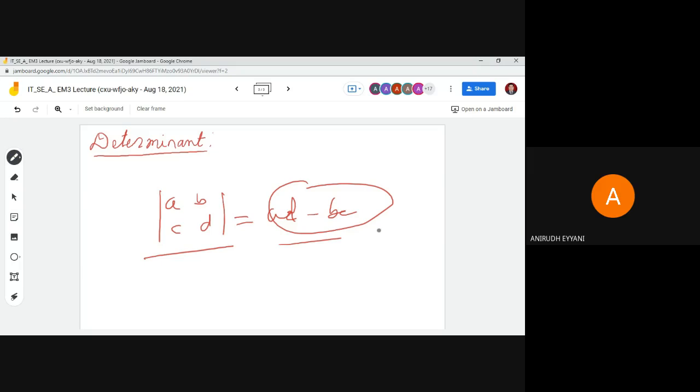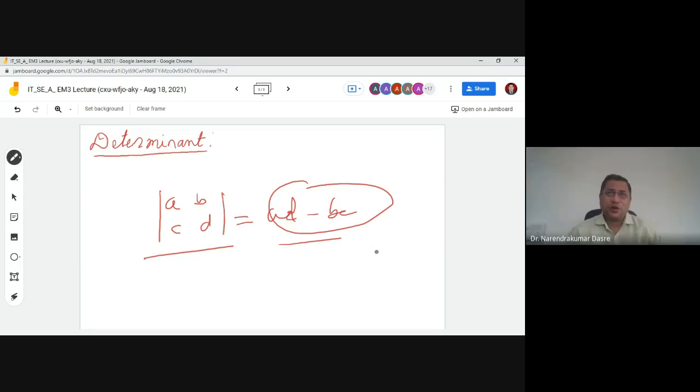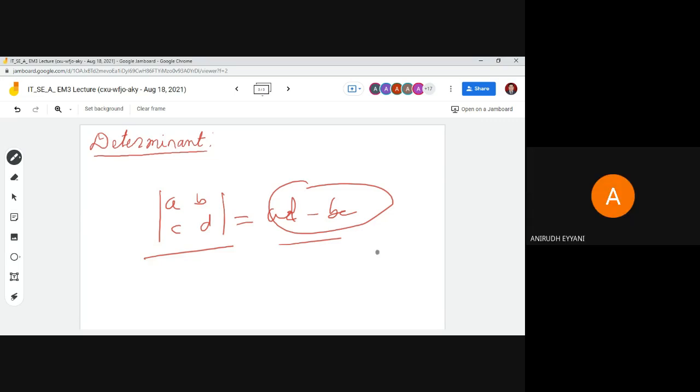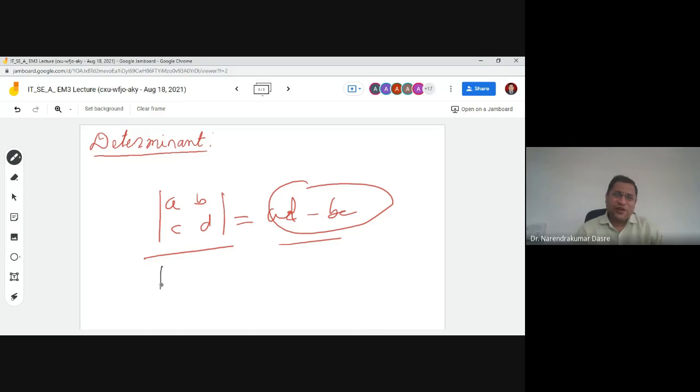Sir, is it the modulus of the elements? Modulus itself has a different meaning. When we say modulus of minus a, it's going to be a. So we call this modulus, or absolute value.